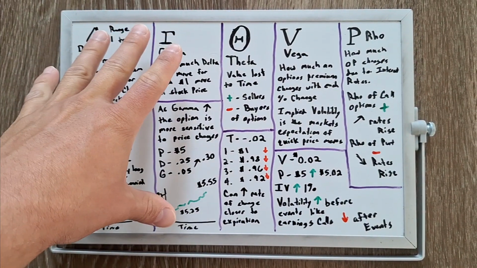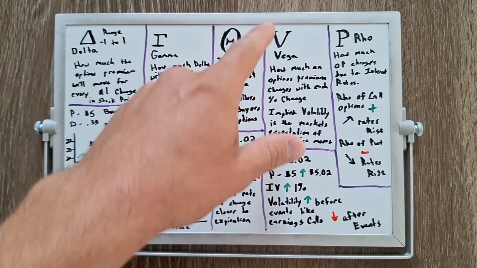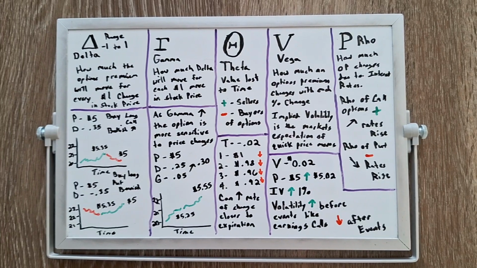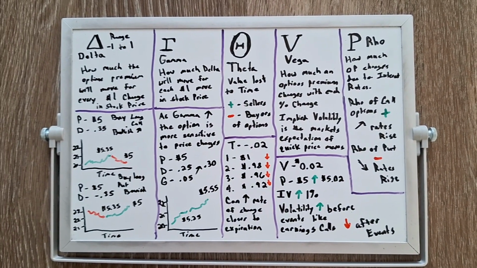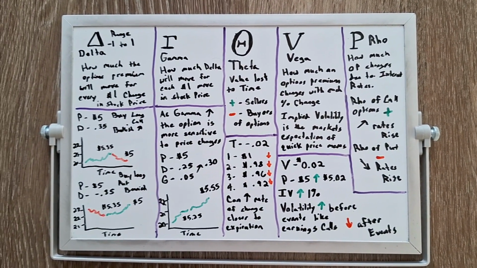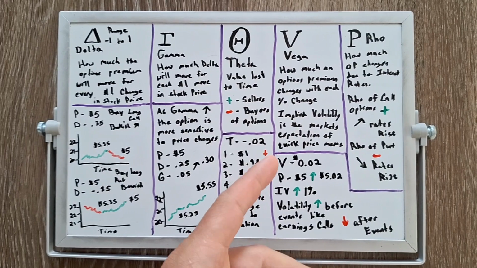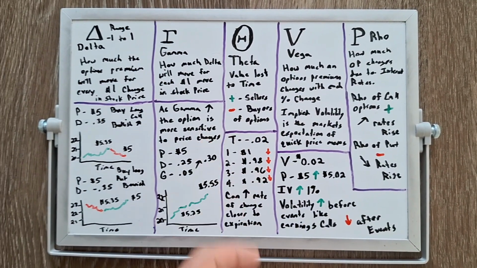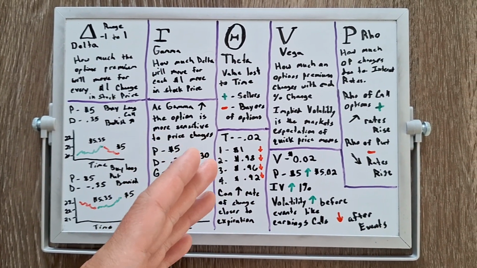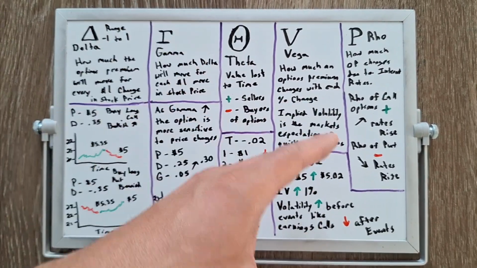So you have your price changes, your time decay, and then Vega will determine how much an option premium changes with each percentage change in implied volatility. And implied volatility is a measure of what the market thinks is going to happen to this stock price.